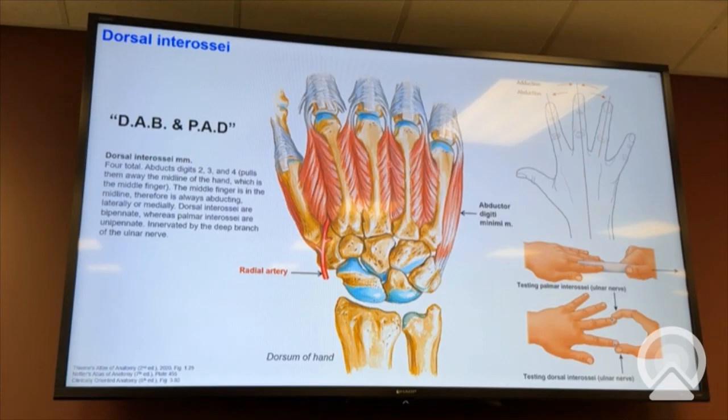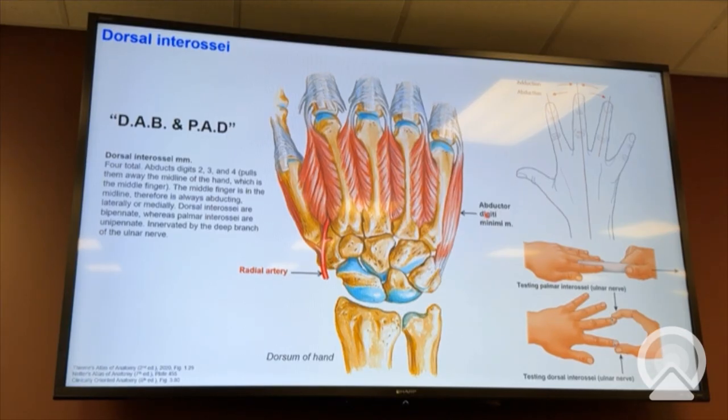You have 2, one on either side, that move it from side to side. Then finally a 4th one way over here for your 4th digit, the abductor for your 4th digit. And then you have an abductor for your little digit, abductor digiti minimi, but remember that it is a component of the hypothenar compartment, which hangs off the side of your hand.